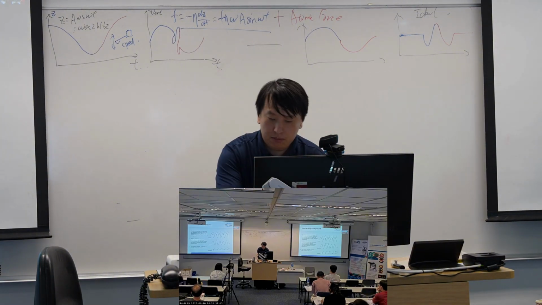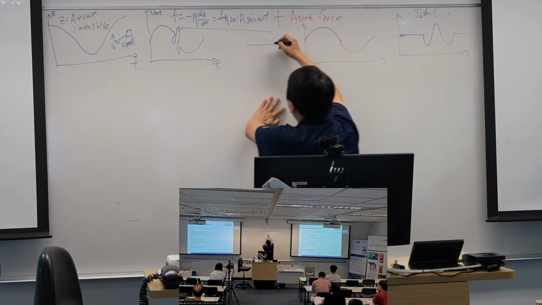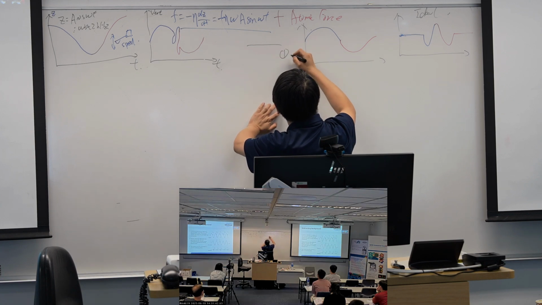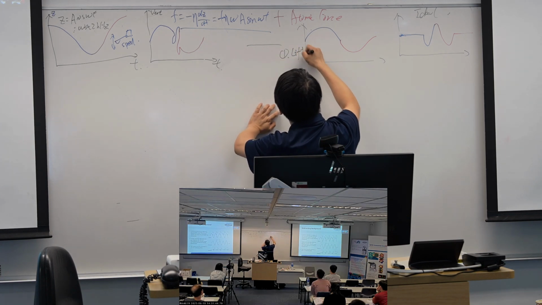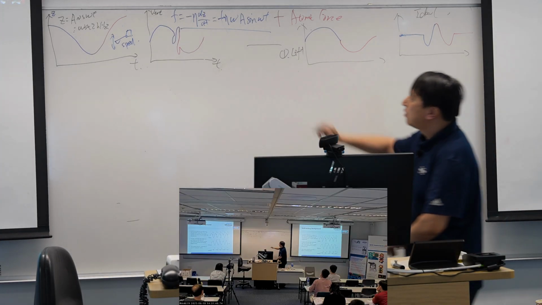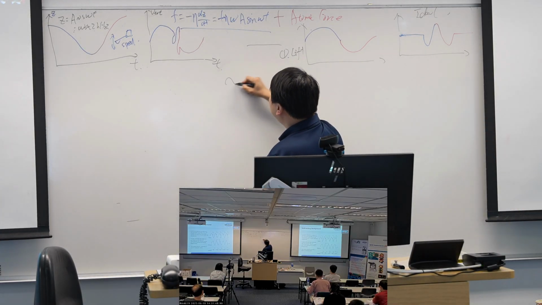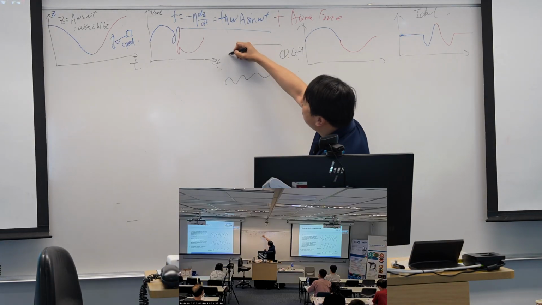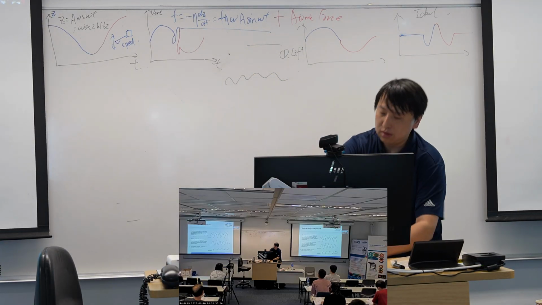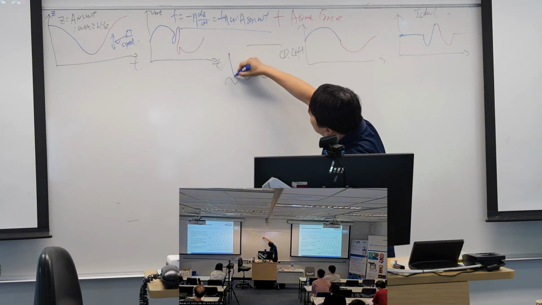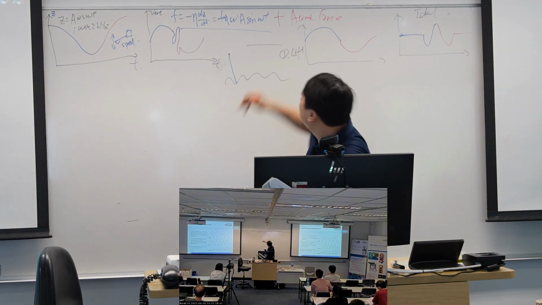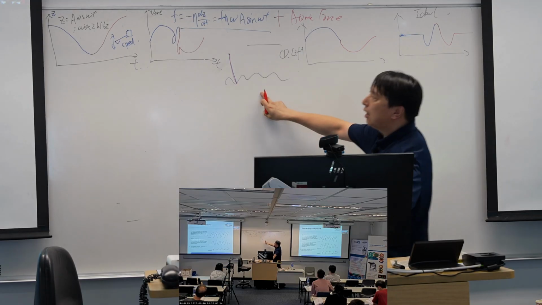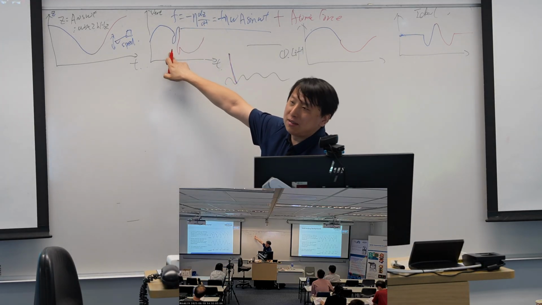So think about a way called lift. For example, this is my sample, and I assume my probe is somewhere here. It's moving down, moving up, and it can capture a force curve like this.